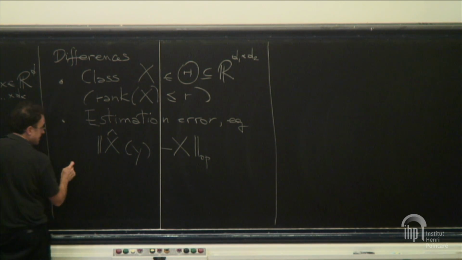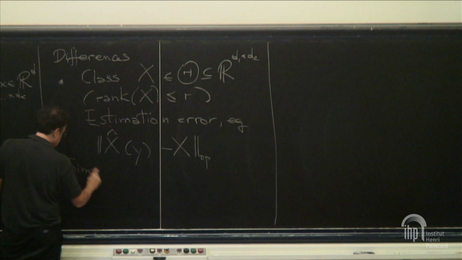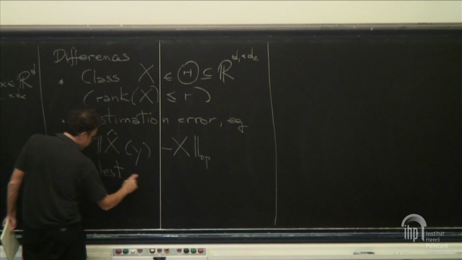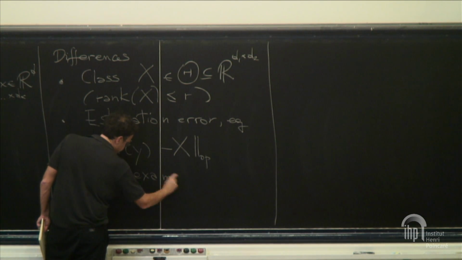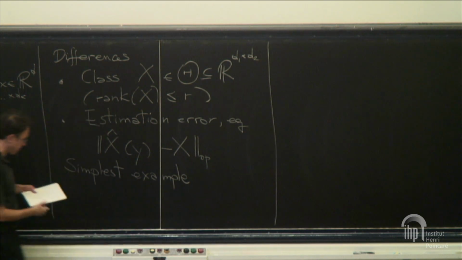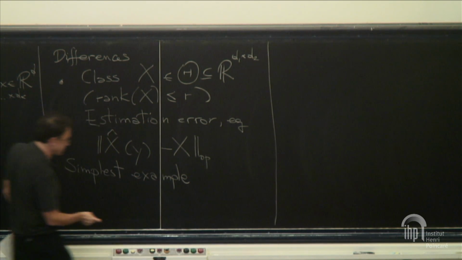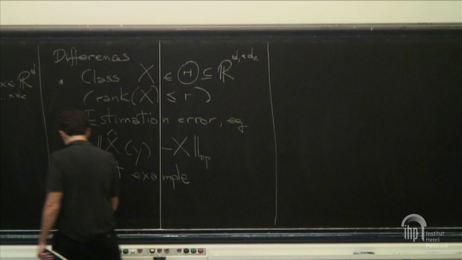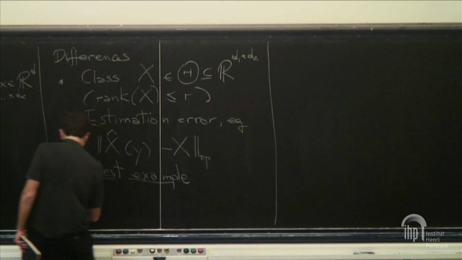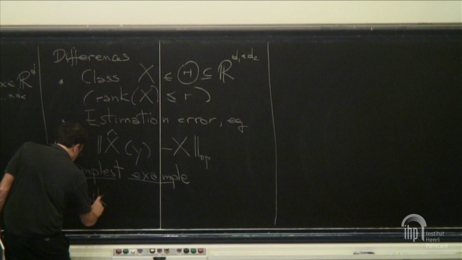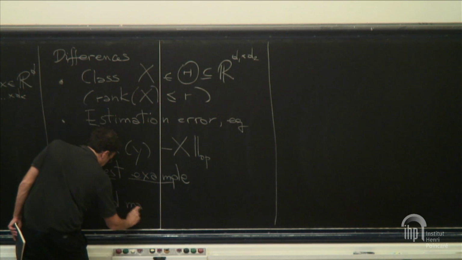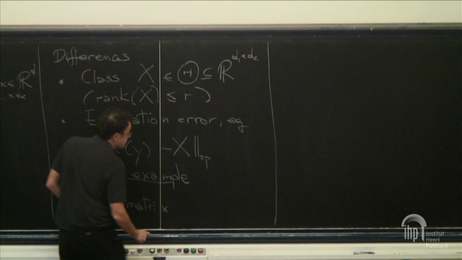And a simplest example that is useful to keep in mind is the so-called spiked matrix model. Let me describe what this is.